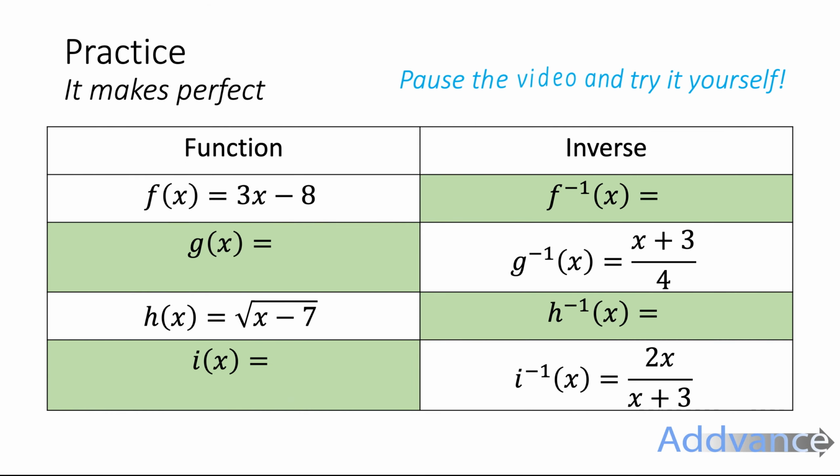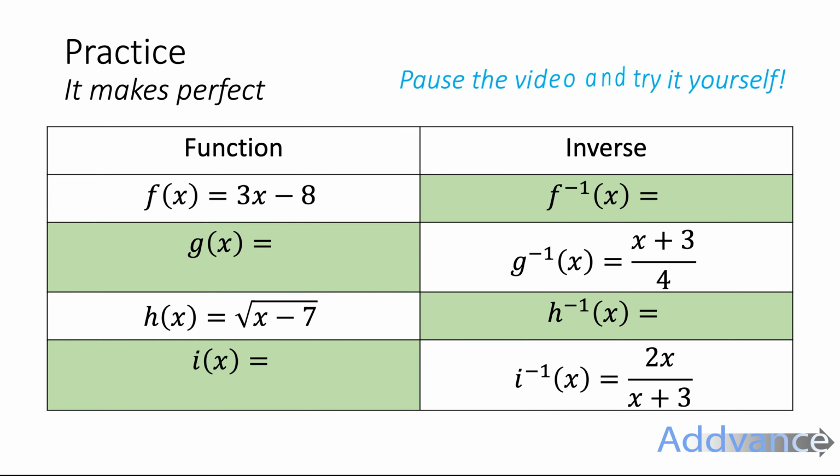So if you feel like you've understood today's video, you can try these practice questions here. However, if you'd like to re-watch any of the examples to really get an idea of what's going on, please rewind the video and try watching it again. Just a little tip here, if you've already got the inverse function, to find the original function, you just do the exact same method because the inverse of the inverse is the original function.